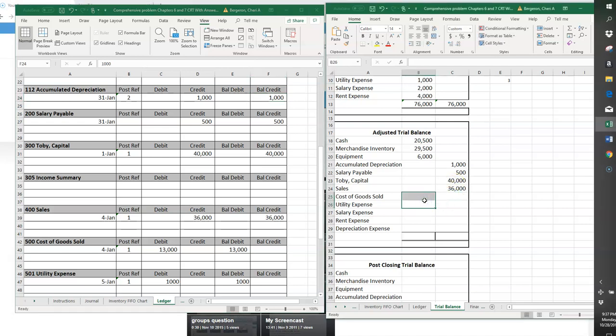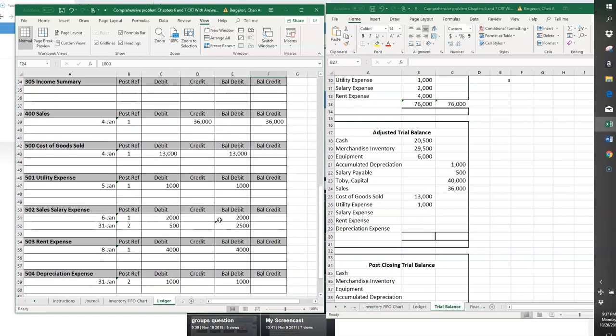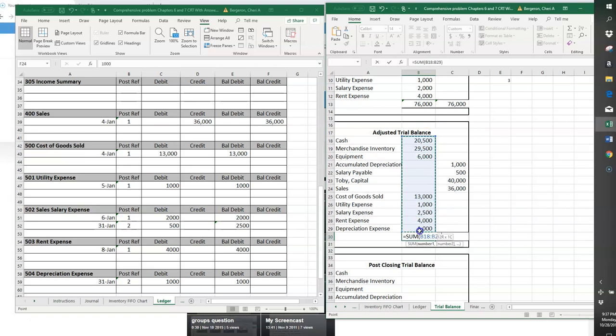Cost of goods sold, $13,000. Utility expense, $1,000. Salary expense, $2,500. Rent expense, $4,000, and depreciation expense, $1,000. We are going to sum up the debits, and then we are going to sum the credits, and we're going to hope that they equal, and they do. So we are in balance.